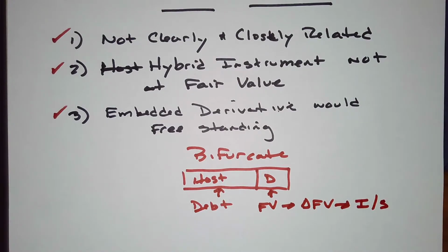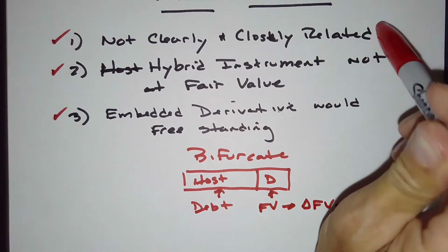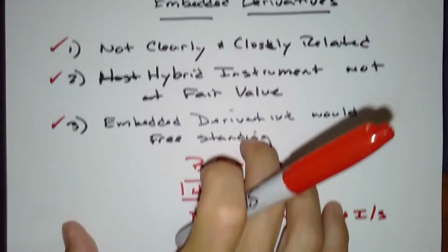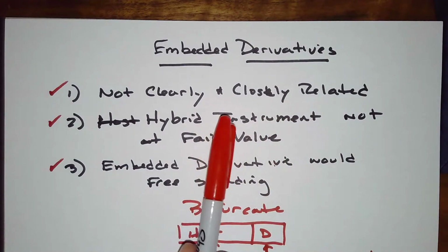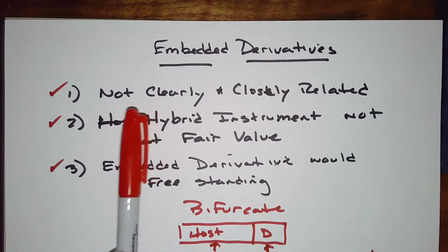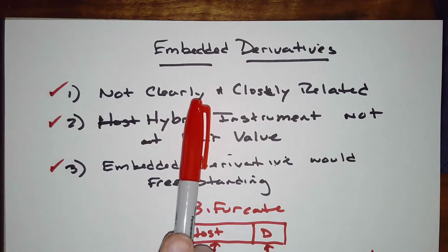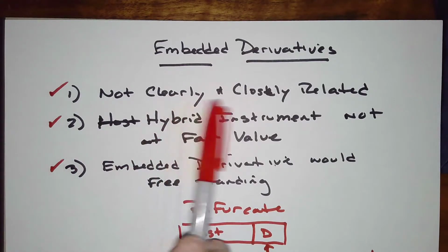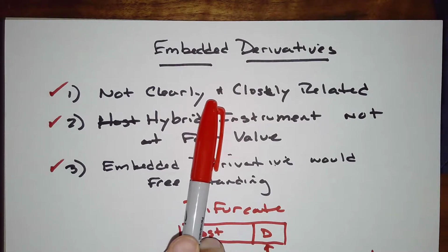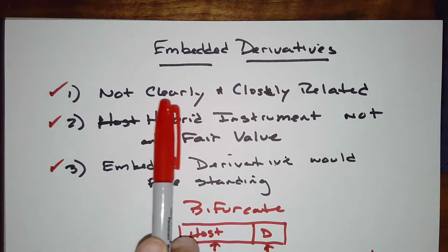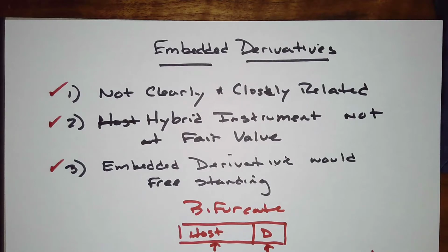Okay? We know that. So what would be not clearly and closely related to an interest rate underlying? Well, let's talk about first what is clearly and closely related. So if our interest rate can fluctuate, for example, based on LIBOR, or based on the treasury rate, that fluctuation, those rate changes are clearly and closely related.